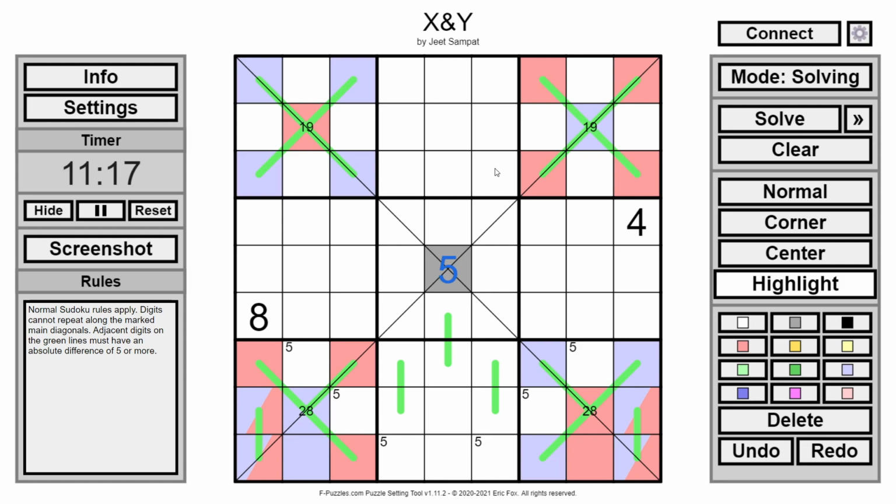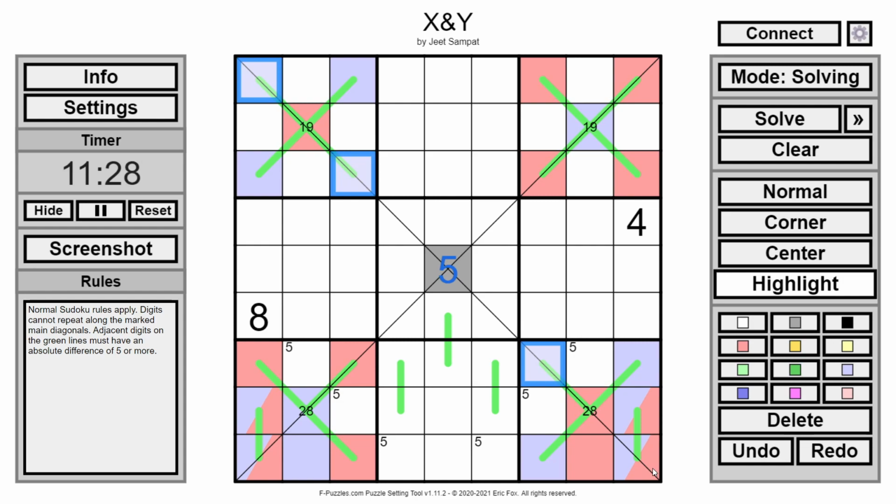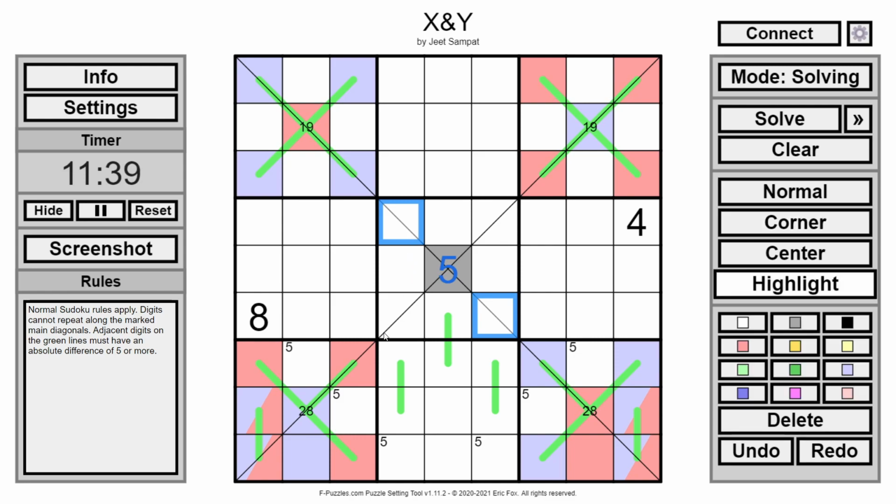I thought that would give us something right away, but it does not seem to. I mean, we figured out a bit, but we have 3 blues. This could be another blue. If this was another blue, then these would both be reds. I said this was blue, so this would be red, so these would both be blue.